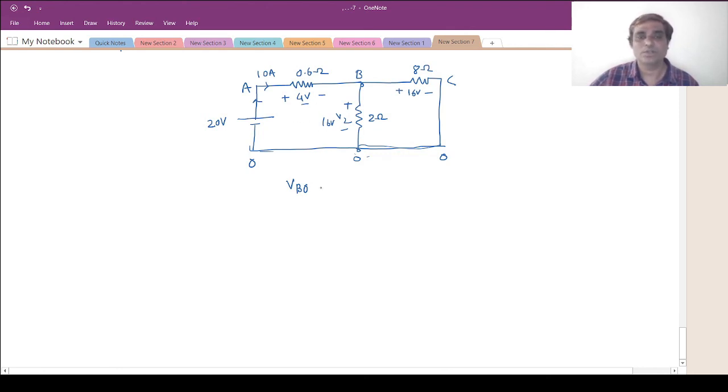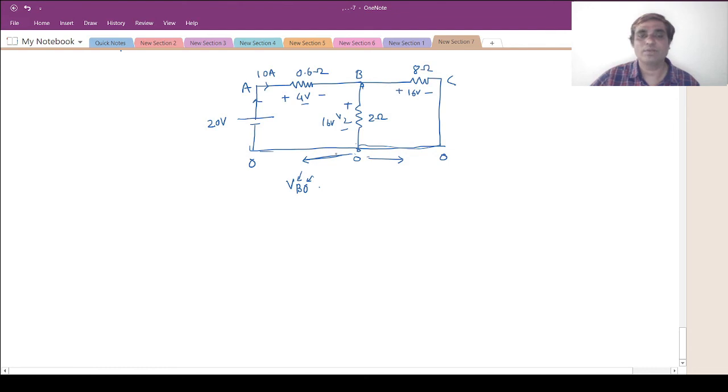For example, to calculate the voltage between point B and O, you start from point O and reach point B, and whatever the voltage drops or rises are, you just add all the voltages, and the result will be the difference between B and O. You can go in this direction or in this direction. Both values will be the same, and you sum all the voltages.